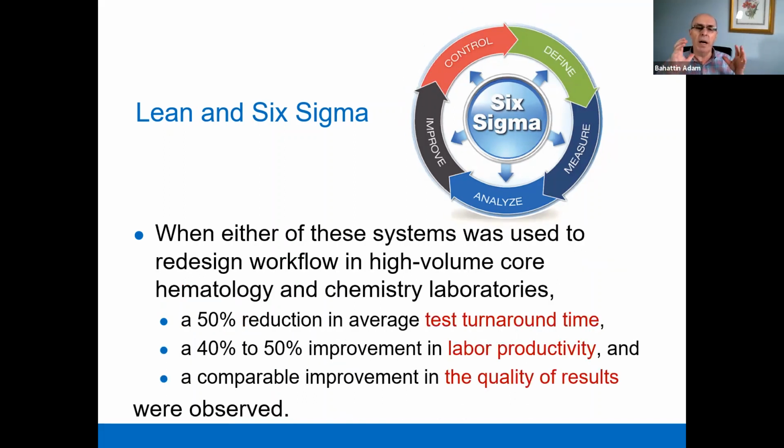Now, when either of these systems, Lean or Six Sigma, was used to redesign workflow in a high volume core hematology and chemistry laboratory, the research showed that by implementing Lean or Sigma management systems, you will be able to achieve a 50% reduction of average test turnaround time, about 50% improvement in laboratory productivity, and also a comparable improvement in the quality of the test result.